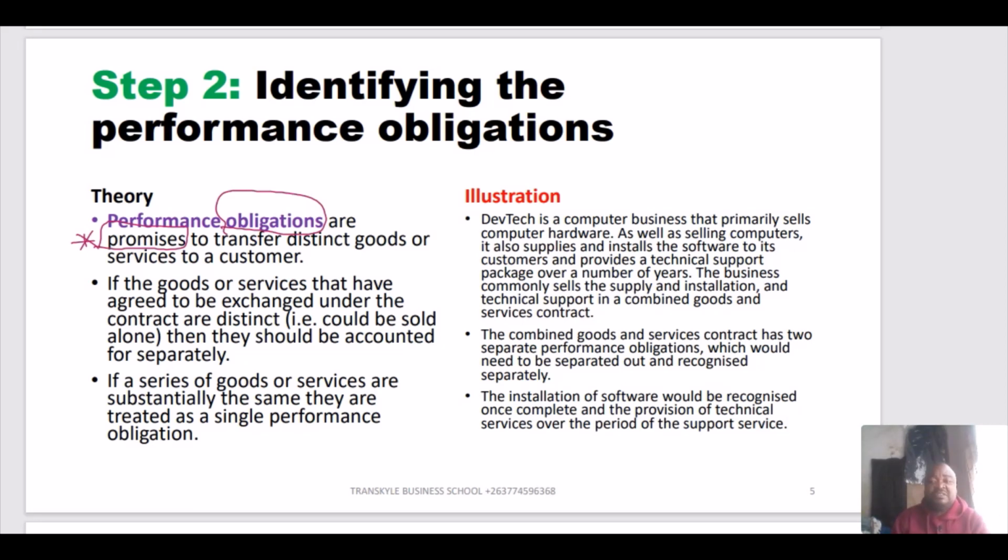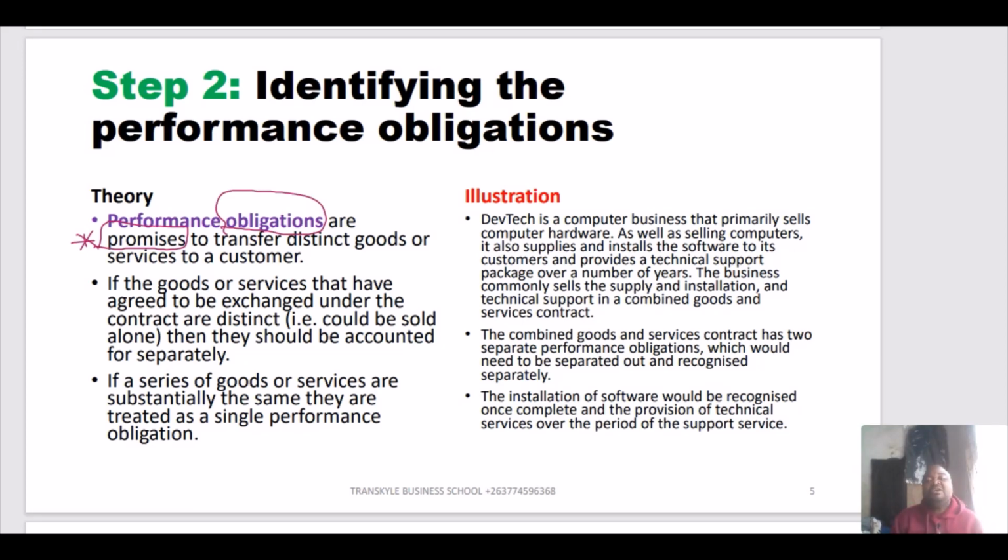If the goods or services that have been agreed to be exchanged under the contract are distinct or could be sold alone, then they should be accounted for separately. If a series of goods or services are substantially the same, they are treated as a single performance obligation.